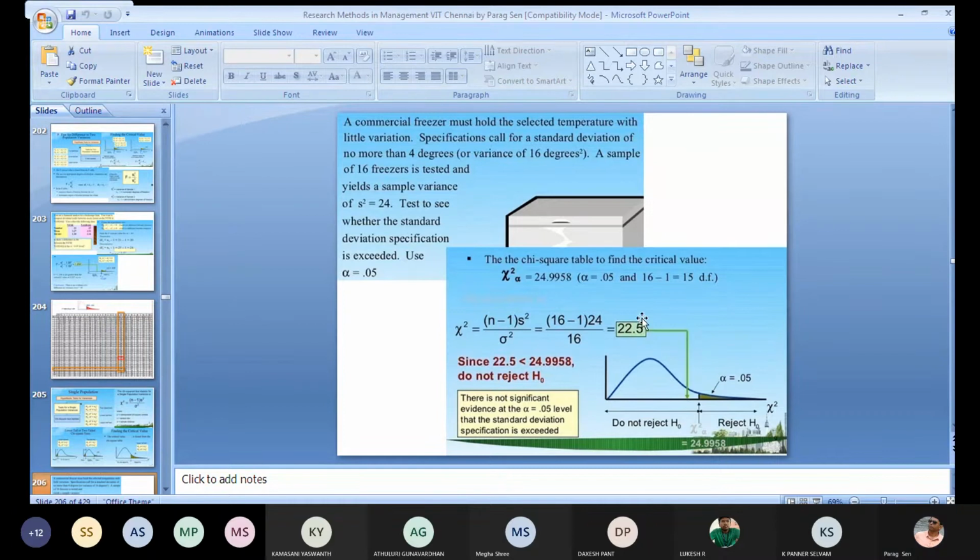Now you will compare it with the cutoff value. You have alpha equal to 0.05 and degrees of freedom 16 minus 1, 15.